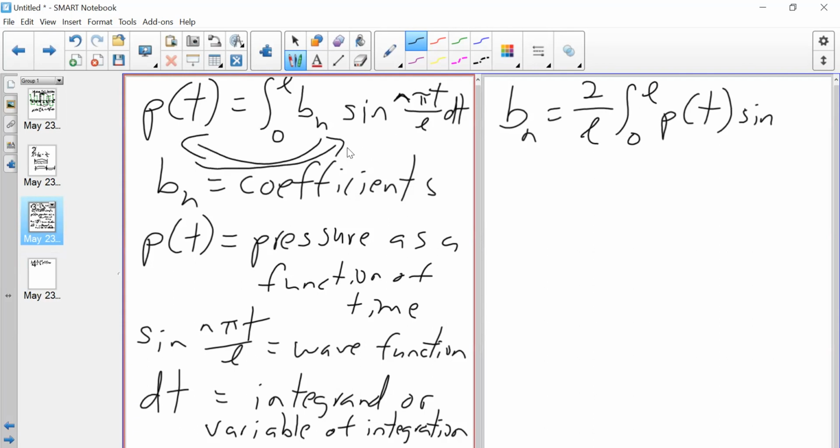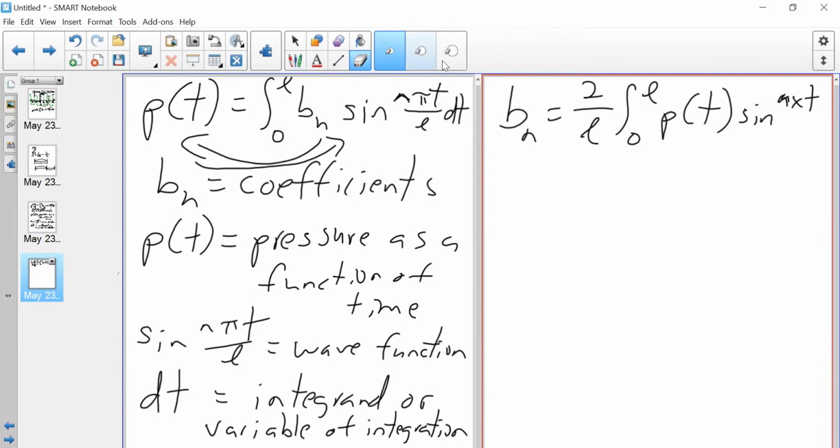You don't need to really get all in the weeds on that, but it deals with complex conjugates and other things that I would easily get on a tangent and make this video too long. But anyway, we're just swapping those two variables. That would be n pi t over L dt.